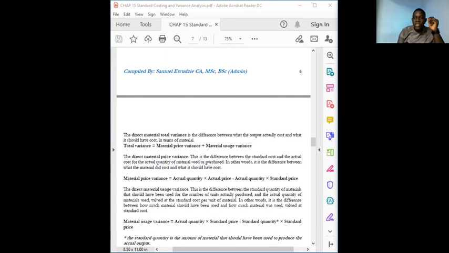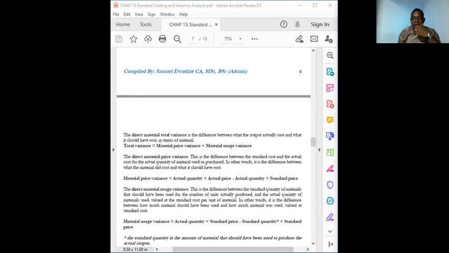Okay, good. So again, when you expand this, we have actual price times actual quantity minus standard price times actual quantity. This is the long form, but it can be broken down simply. We can just factor this.